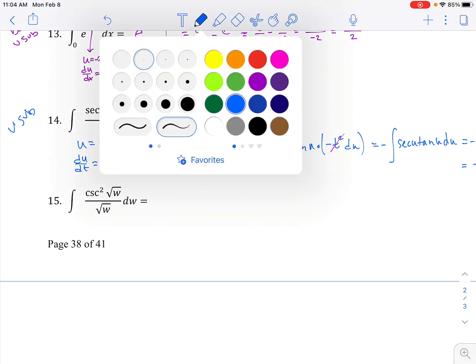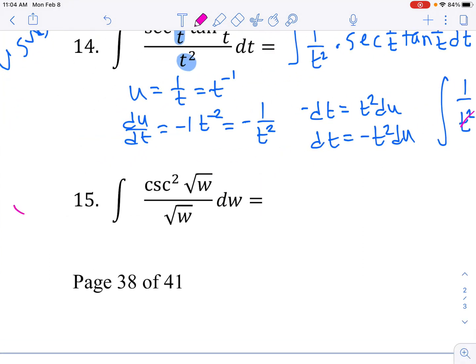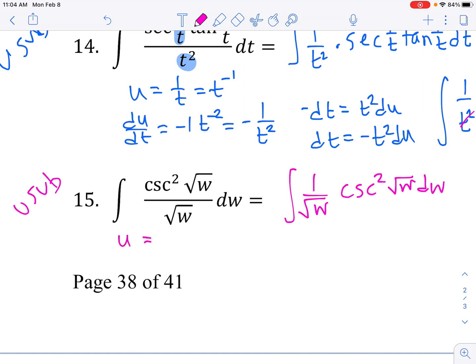Okay, so this last one is also a u sub, and it just piggybacks right off of what we did here. We're going to think of it as the antiderivative of 1 over the square root of w times cosecant squared of the square root of w dw. So our u is going to be the square root of w, which we are going to think about as w to the half power so that we can do the power rule.